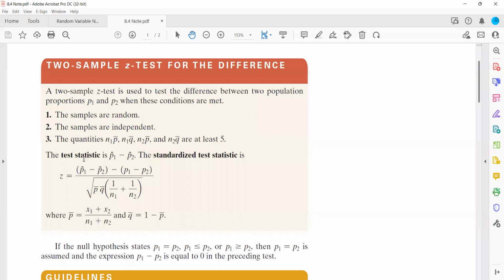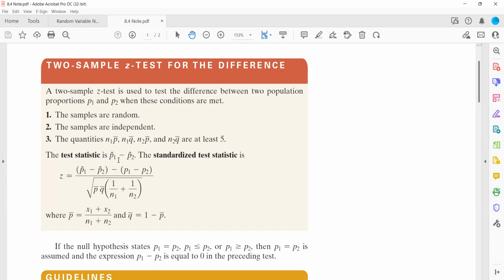Well, when it comes to difference between two proportions, the test statistic is going to be P1 hat, the first sample proportion, minus P2 hat, the second sample proportion. So again, since we are dealing with population proportions, the test statistic is related to sample proportions.